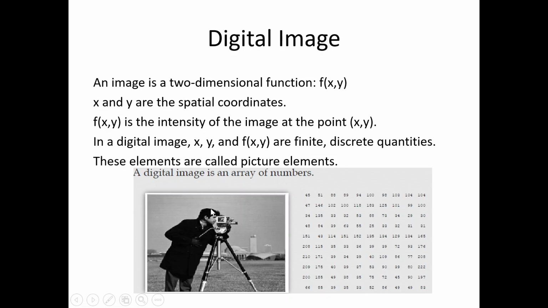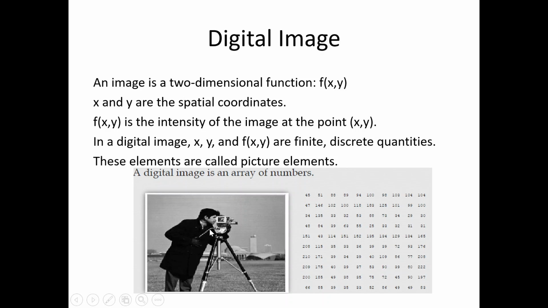Here in this example, you can see on one side there is an image, so we have a digital image. If we are representing a digital image in the form of a two-dimensional array, or we can say matrix form, that 2D array is also considered a matrix.